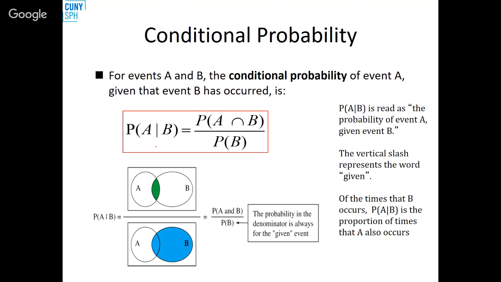Conditional probability, we write this way: the probability of event A with this bar that means conditional on B being true, or B having already happened. So for example, the probability of having the disease conditional on receiving a positive test, the positive predictive value, would be written like this. And that is this intersection area, but then divided by the probability of the thing that it is conditional on, because we have to assume that it has already happened.